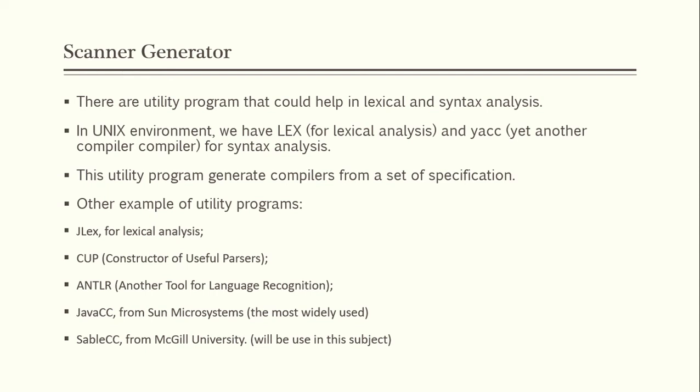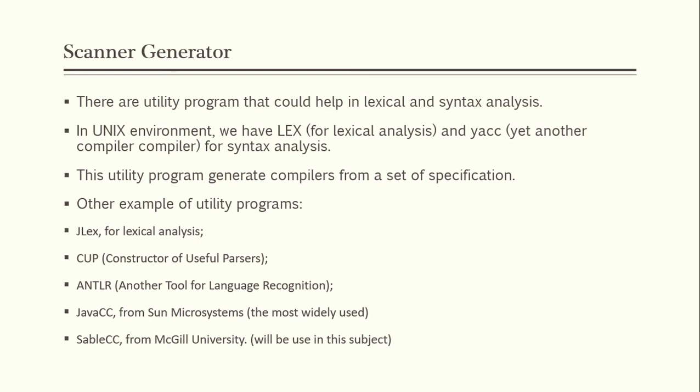So we need rules, like we learned in finite state machines. There are specific rules, and we have tokens as well. So we have a specification that will be inserted into this scanner generator. There are many other examples of utility programs. The earliest ones are Lex and Yacc. We have JLex, which is Java lexical analysis.